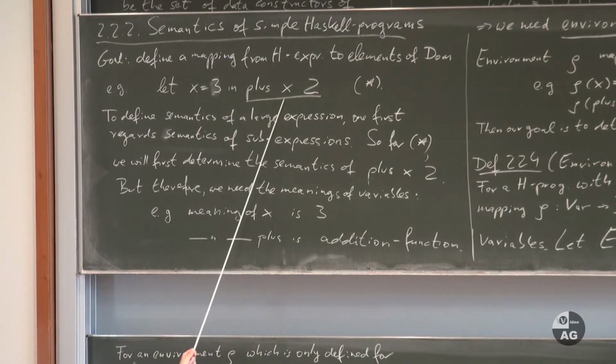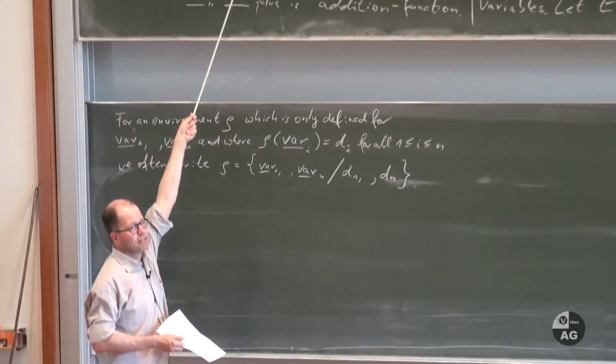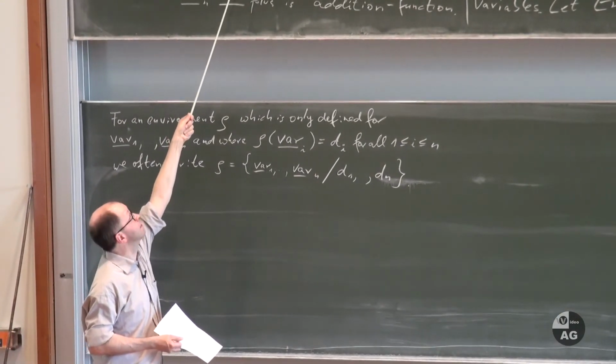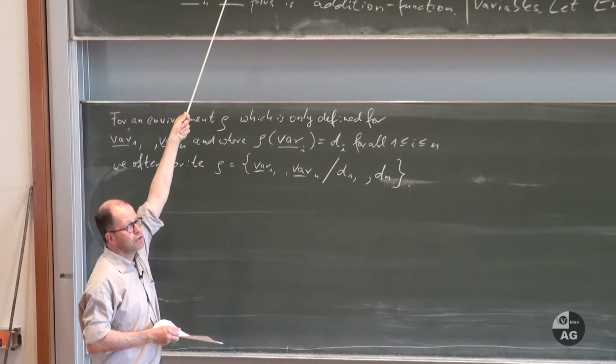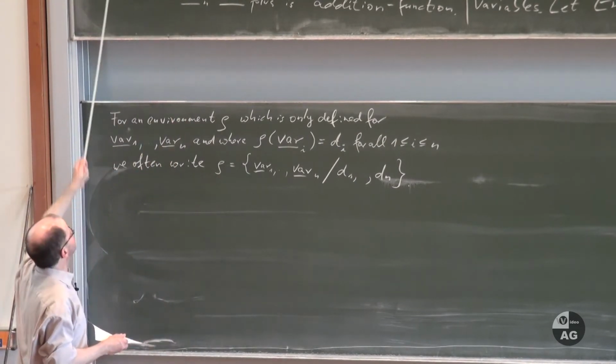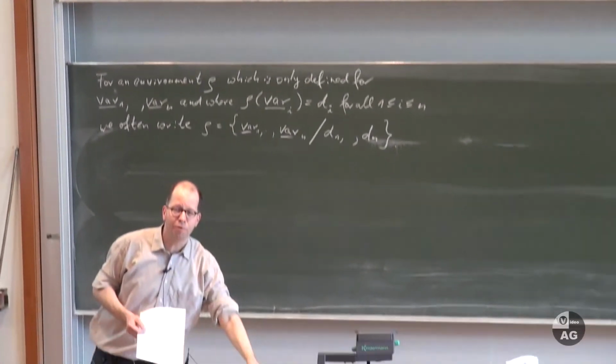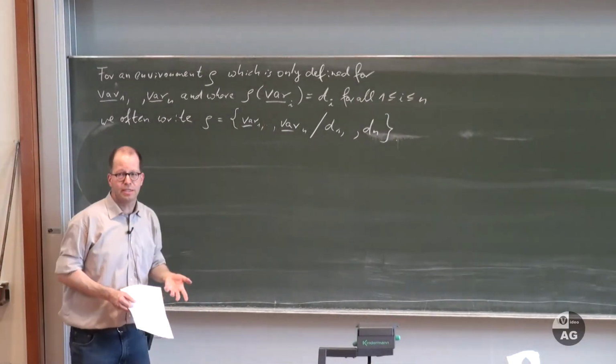So here we have a different environment, which is like the previous environment, but now x has the value 3. So it must be possible to modify these environments, or in particular to extend these environments, to define additional variables. So x is defined here, but it was not defined before, and after this let expression, again, x will not be defined anymore. It's only defined inside this let expression.